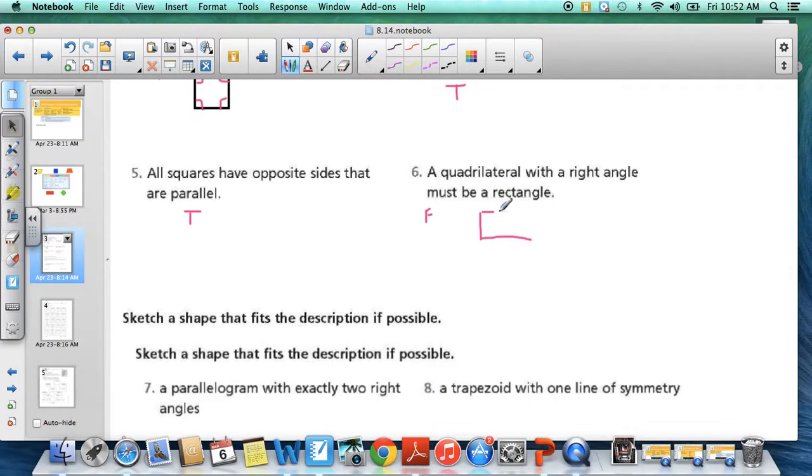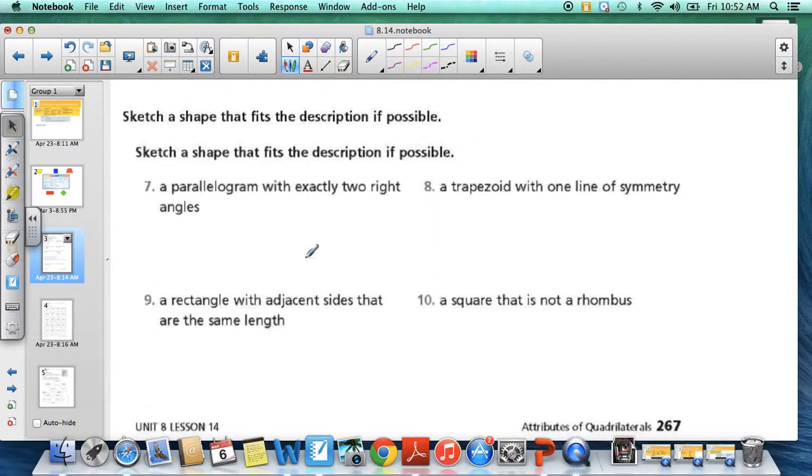This is a straight line, and this is also a straight line. Just imagine in your head. Okay, so this is a 90-degree angle right here. This is also a 90-degree angle. So it can have 2 right angles, and this is a quadrilateral because it has 4 sides, and it's not a rectangle, so awesome.